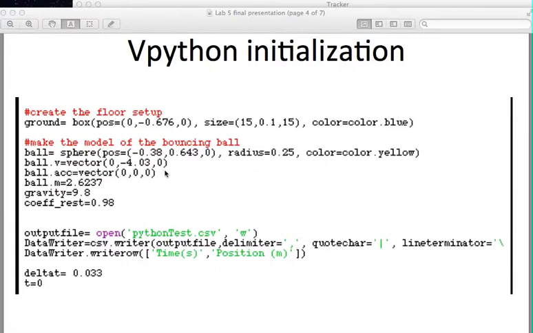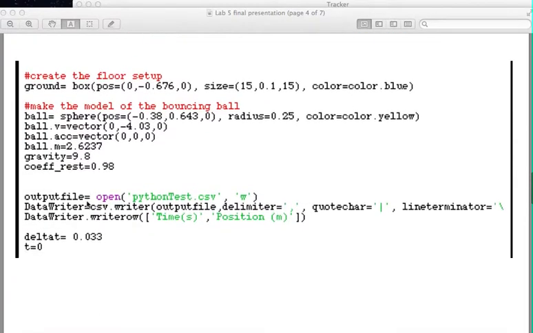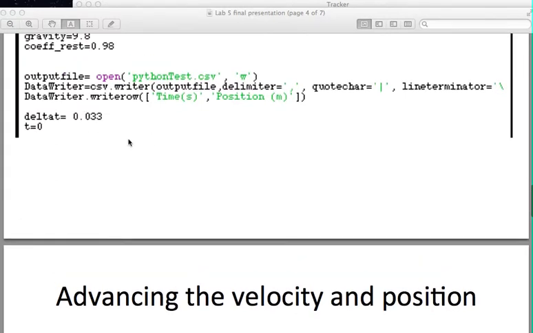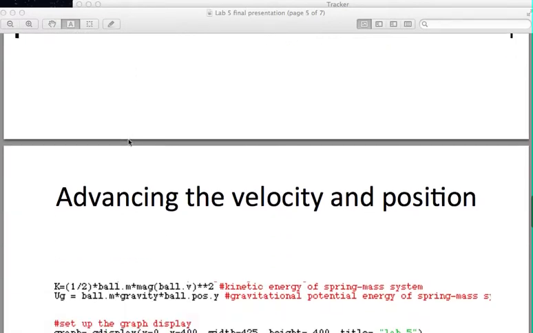And then I calculated the initial velocity by doing the change in position divided by change in time for once the ball left her hand, because it was thrown down, not just dropped. And this is the mass of the ball. I created a CSV file to output the position data so that I could compare it in my model.